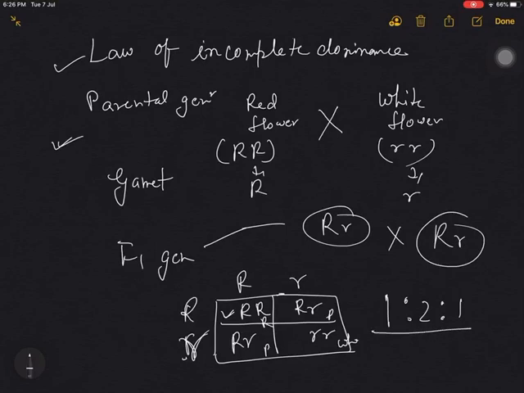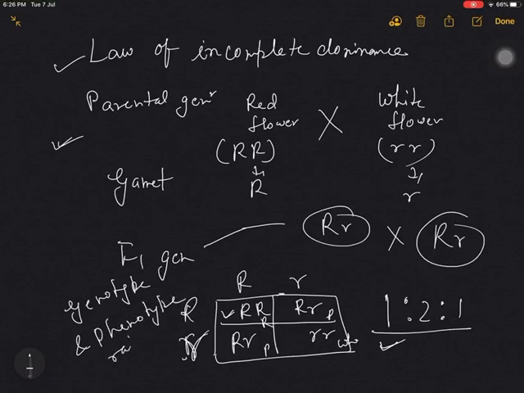So here the genetic constituent is similar to the phenotypic constituent. So the genotype and phenotype ratio is the same.